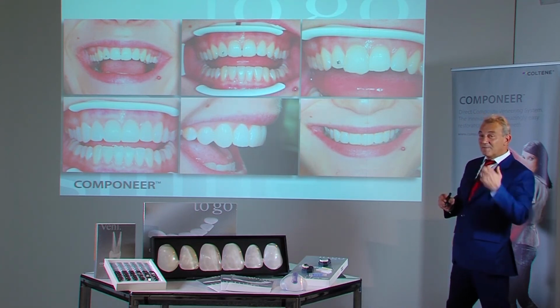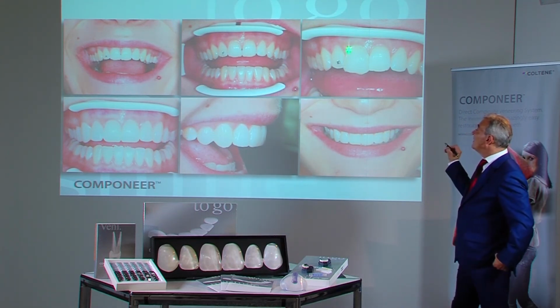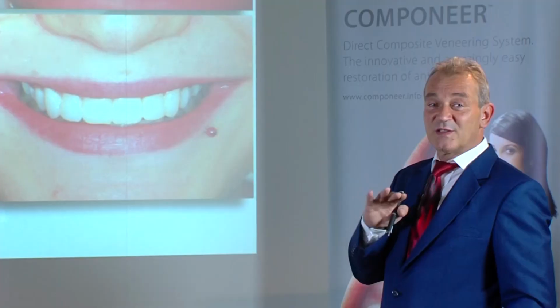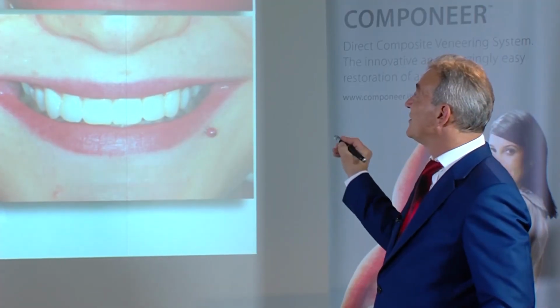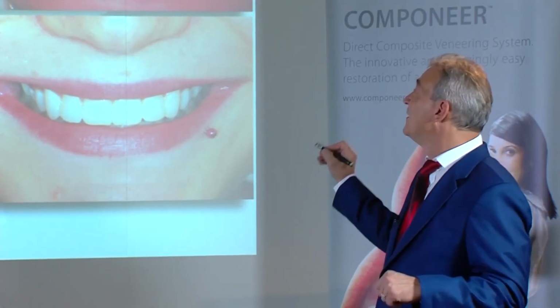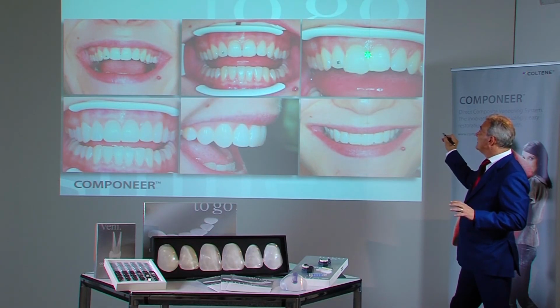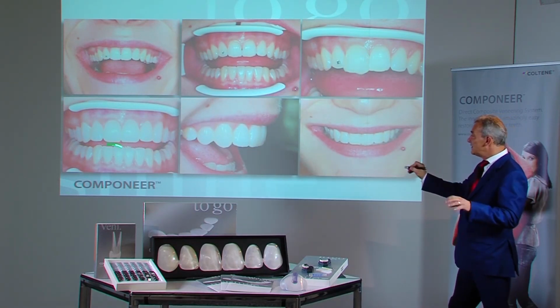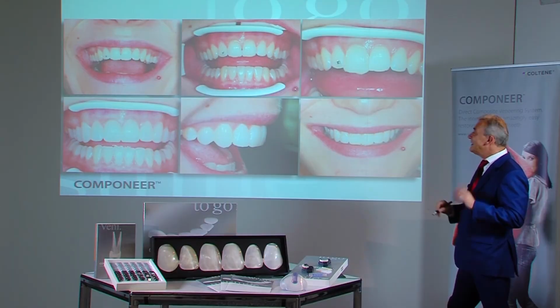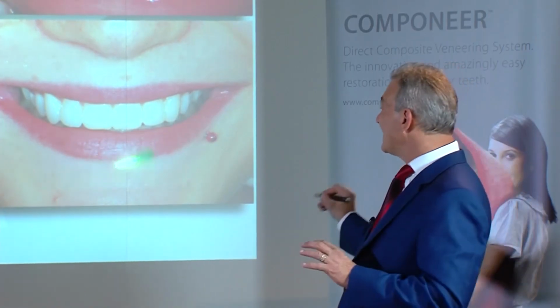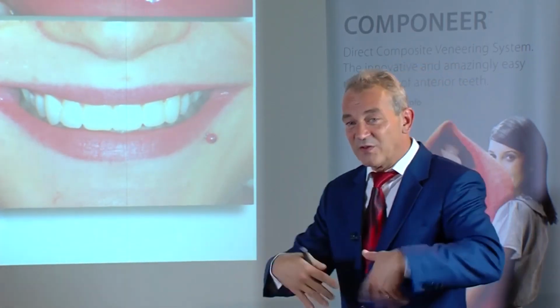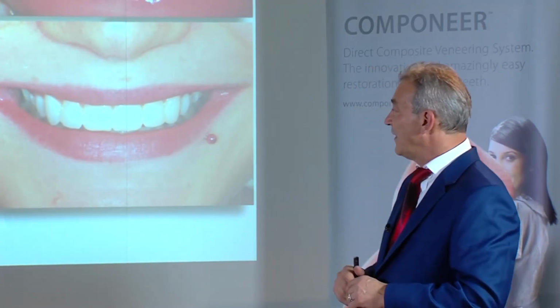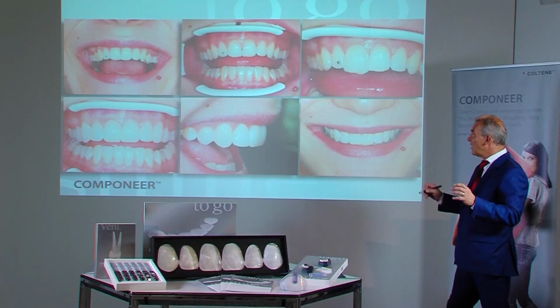So, what was done here? We used componeer for diagnostic purposes only. Without conditioning the teeth, componeer was placed on the teeth and excess removed and light cured. This means that the componeer can be removed later with a scaler, entirely without damage.